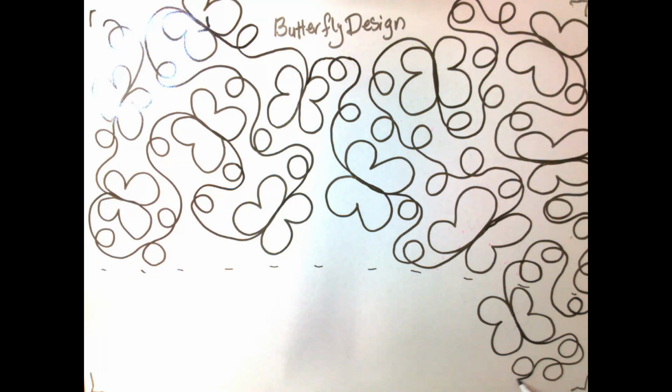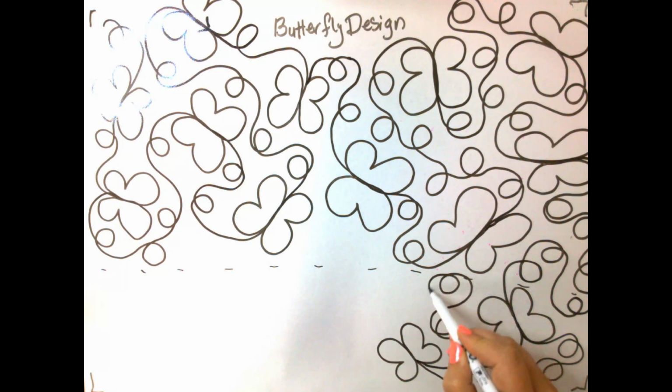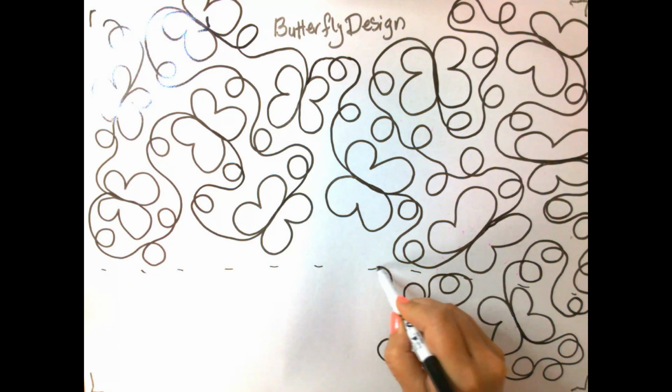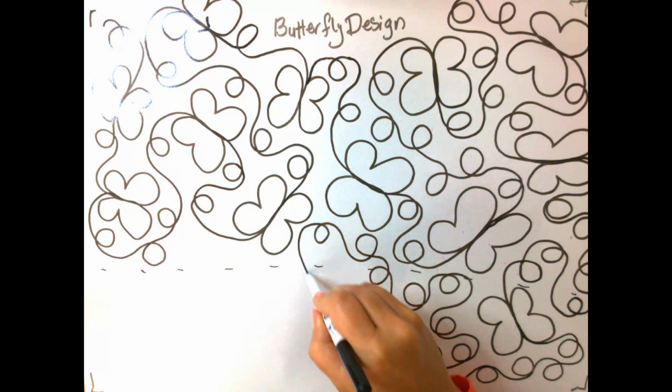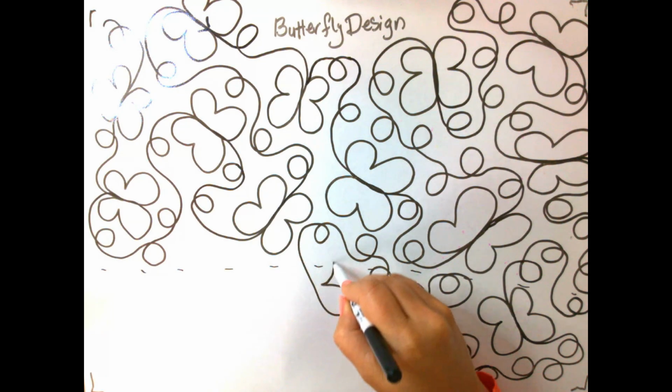And for this bottom row, I'm just going to pretend that this is our last row and I'm filling in clear to the edge. And on this one, I'm going to come right back out this way, come on up in this area, and it's going to blend real nice.